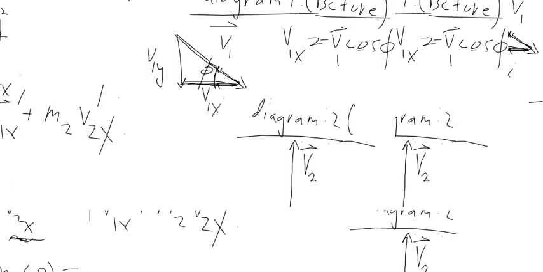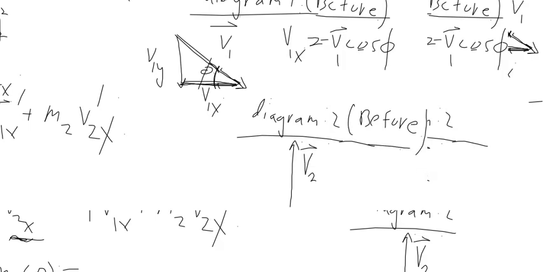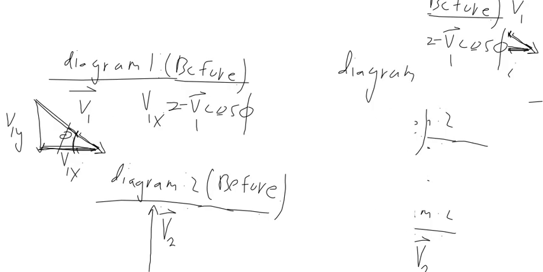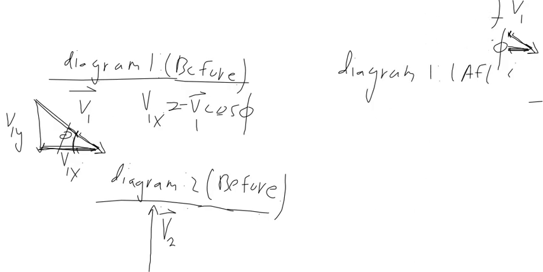That was before. Now I'll call the next one diagram 1 after. What I mean is after the two cars have collided. So diagram 1 after looks like this.